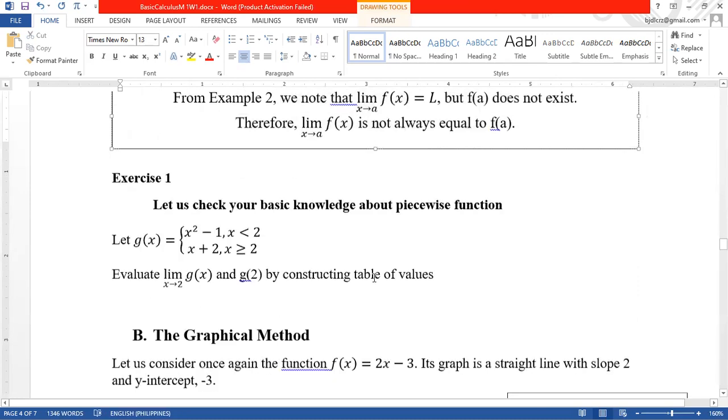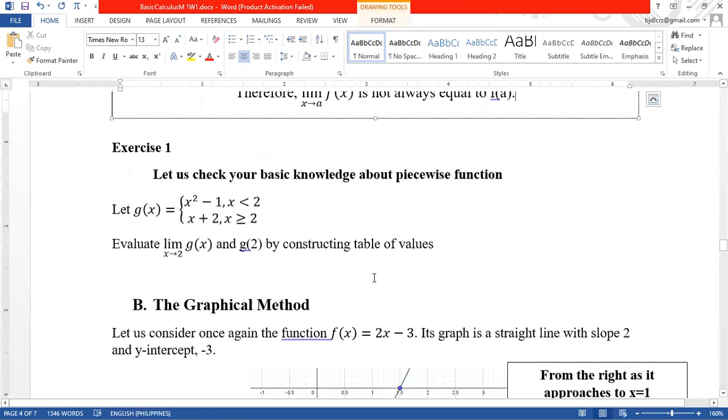So exercise 1. So let us check your basic knowledge about piecewise function. So you are going to answer this one. You're going to evaluate the limit of g of x as x approaches 2 and the g of 2 by constructing a table of values.